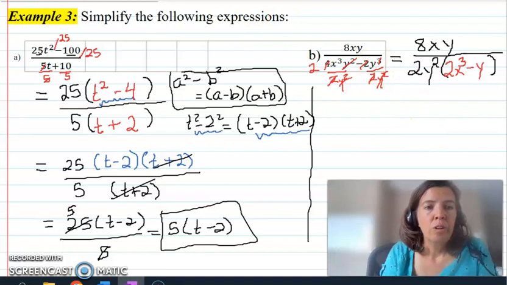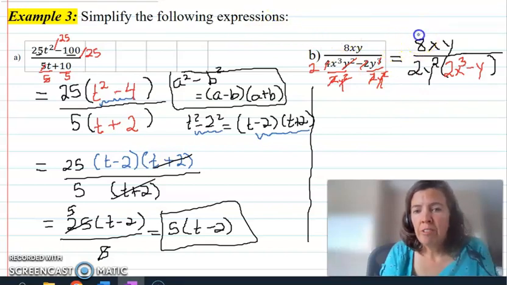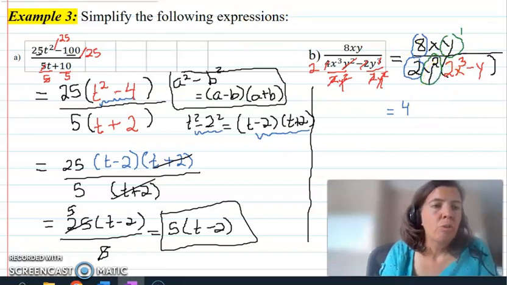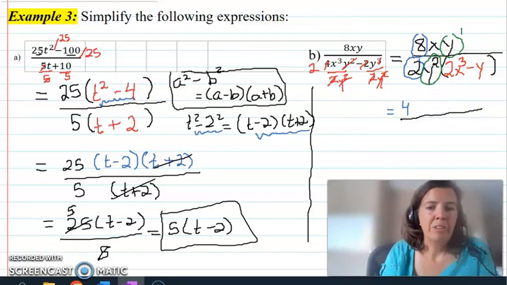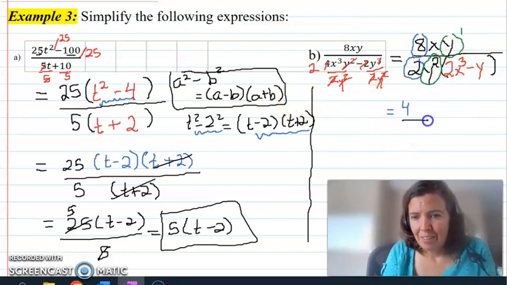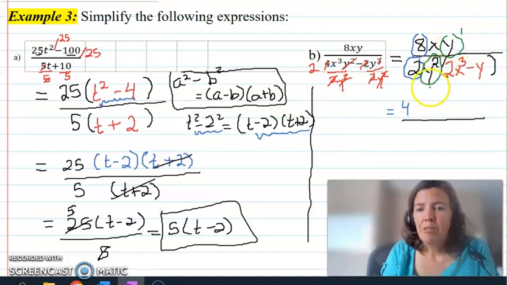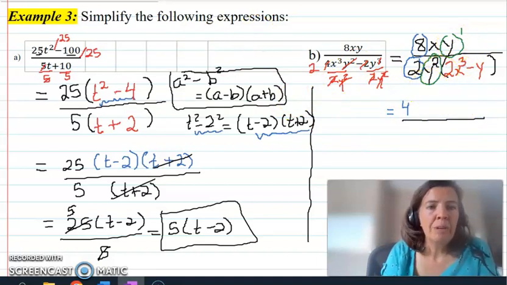Now I would notice that I've got 8 divided by 2, that's 4. Also, we've got y to the first in the numerator, y squared in the denominator.